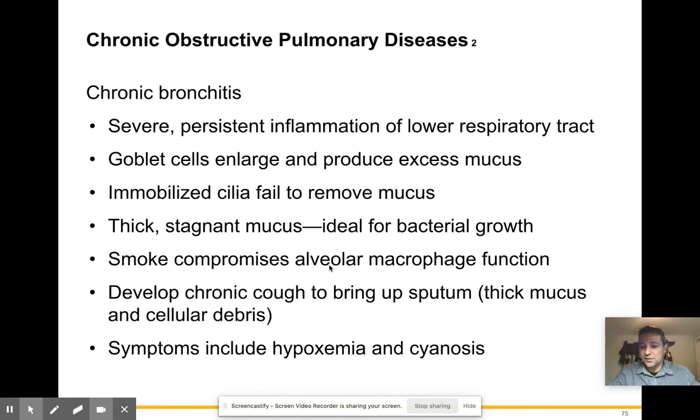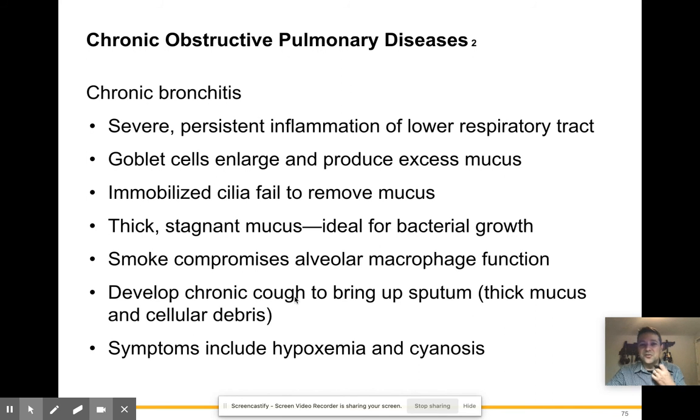Smoking compromises the function of macrophages. Macrophages are cells that eat debris and bacterial cells, and smoking is going to stop those alveolar macrophages from functioning properly. Development of a chronic cough could happen. If you have chronic bronchitis, you can cough a lot, and when you cough, you bring up something called sputum, which is thick mucus with cellular debris.